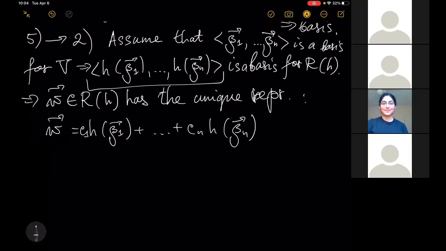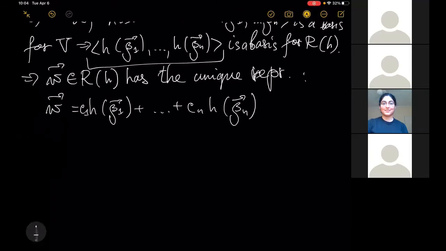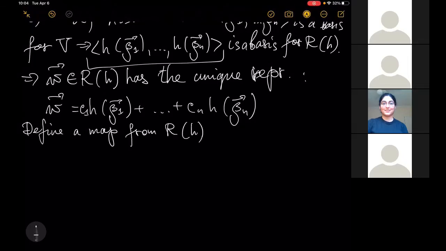Great. Now let us define a map from the range of H to V in the following way.